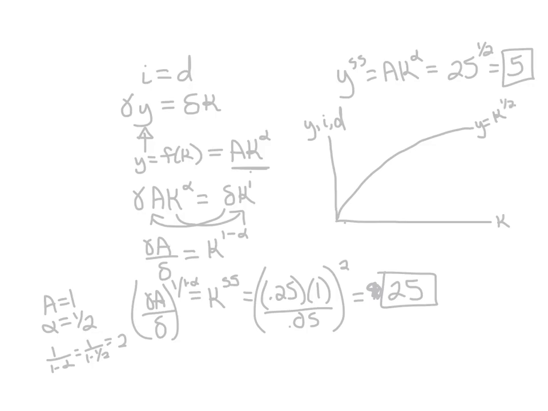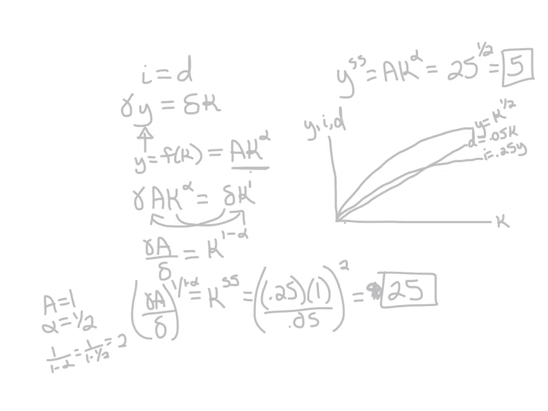We're assuming it looks like this for this example. Investment per worker, we're assuming for this example, is 25% of output per worker. And then depreciation per worker is 5% of capital per worker.